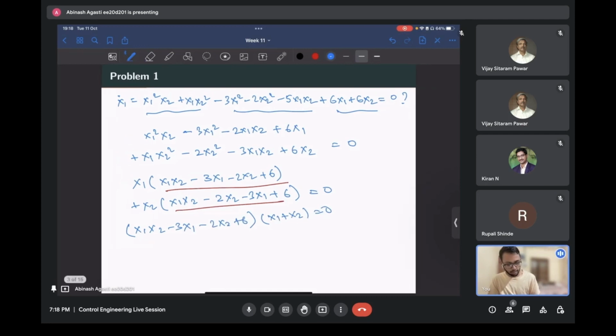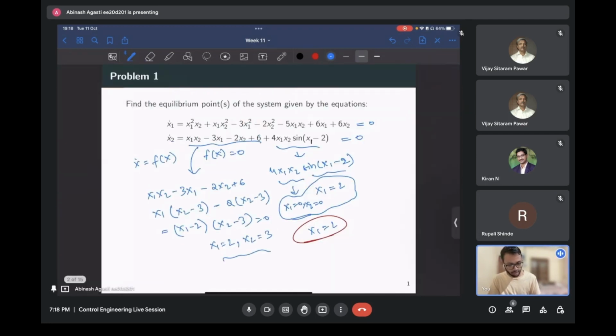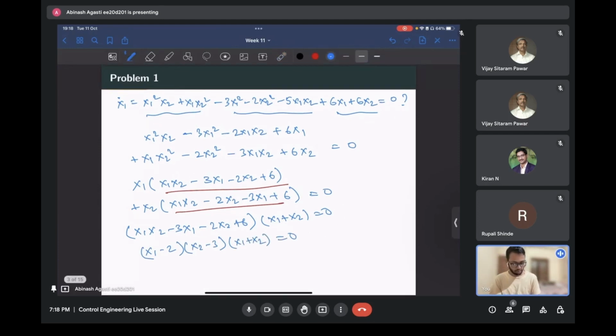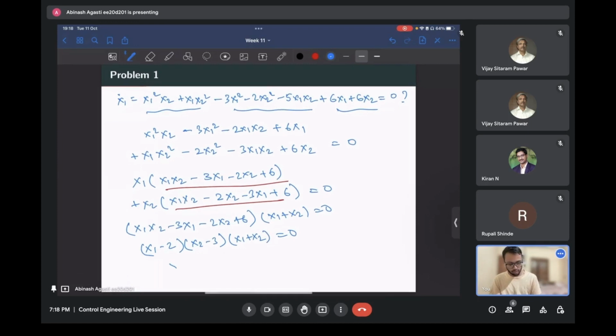Now remember this term, that underlined red term also came in the earlier expression, right? So this is (x1 minus 2)(x2 minus 3)(x1 plus x2) equal to 0, right? So this is also satisfied by these.